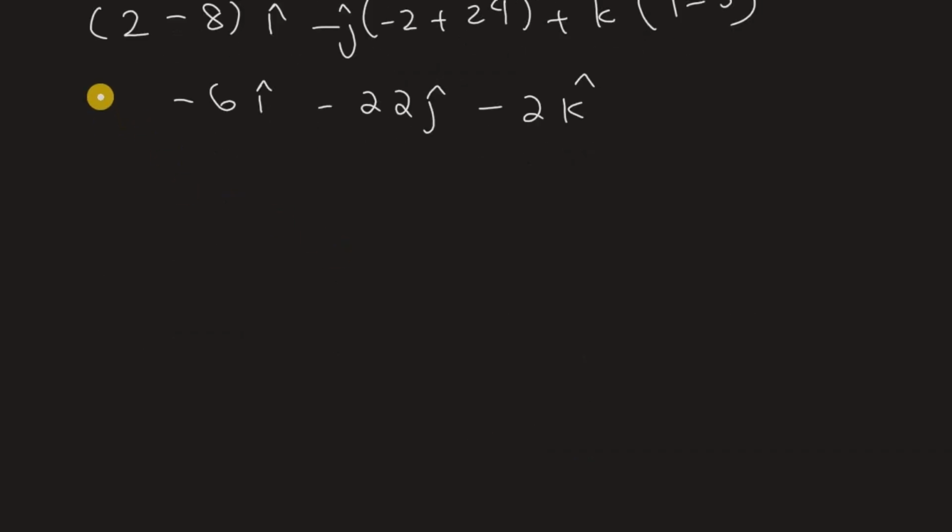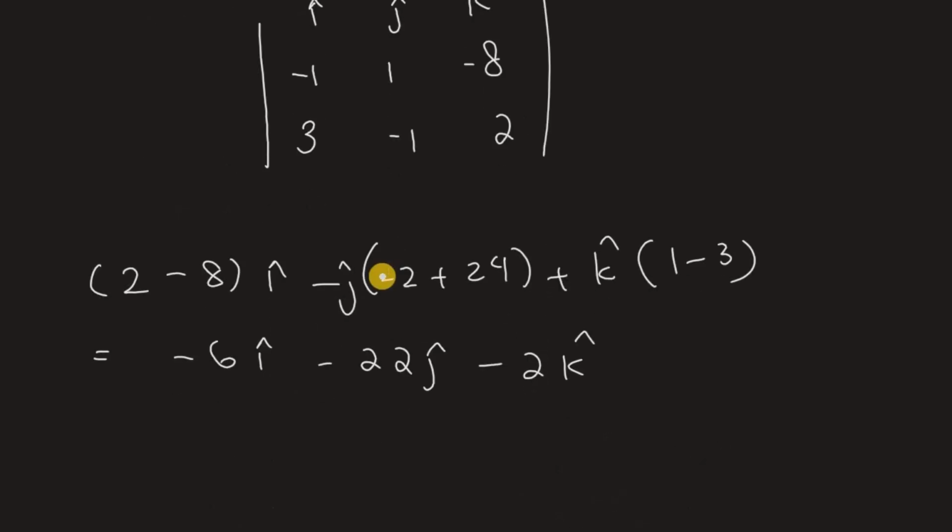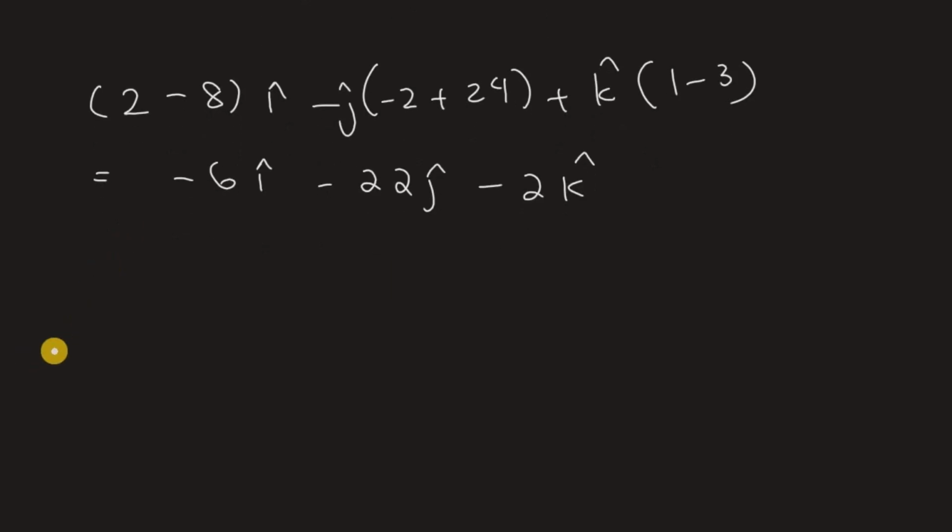Okay, so this is your normal vector now. And to find the equation of the plane containing the point, you're going to take this normal vector and plug it into the equation of the plane.